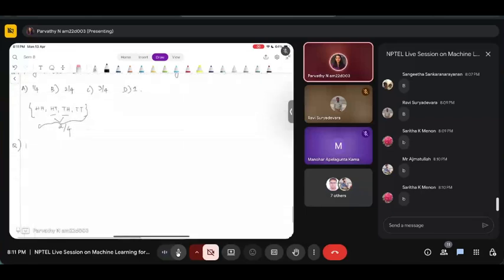So it is 2 by 4, that is 1 by 2. P of A is equal to 1 by 2. P of B is equal to 2 by 3. P of A union B is equal to 5 by 6. What is P of A intersection B?